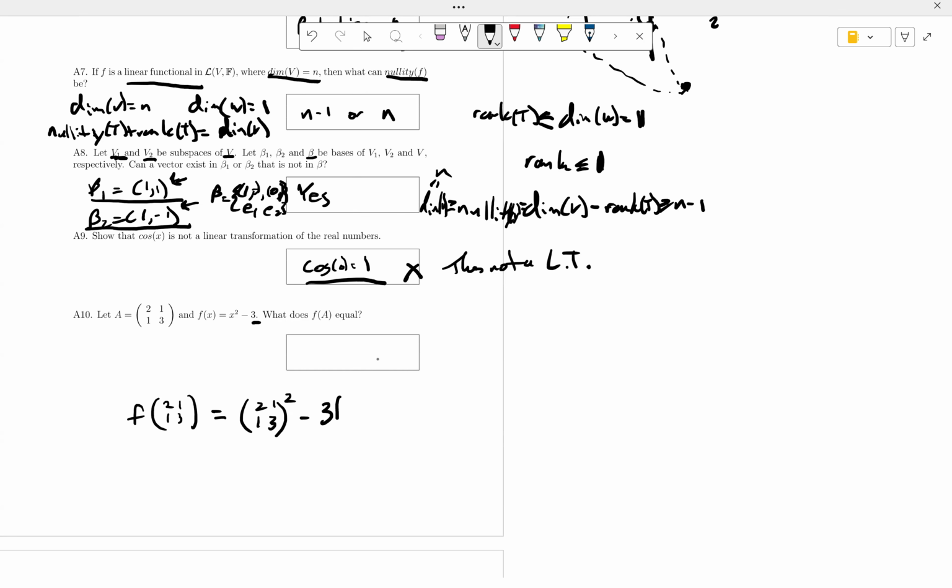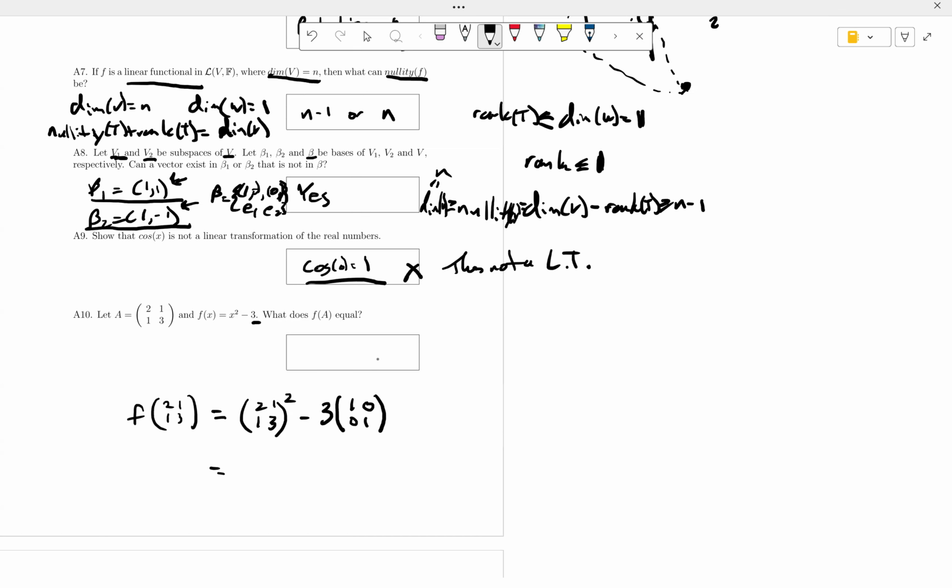And now it's 3 of something. What it's going to be is the multiplicative identity for matrices. When we matrix multiply, the identity is the identity matrix: 1 on the diagonal, 0 everywhere else.